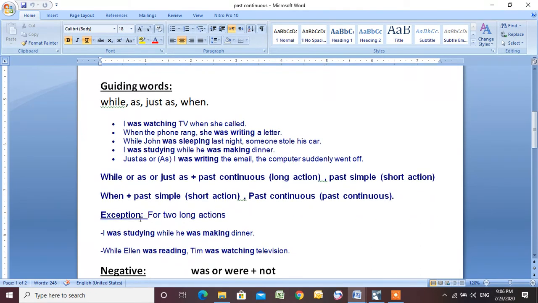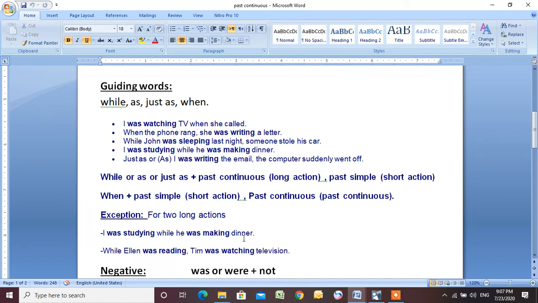Now we have an exception. What happens if we have two long actions? If we have two long actions, we have to use the past continuous tense in both sentences. For example, I was studying while he was making dinner. So these are two long actions.